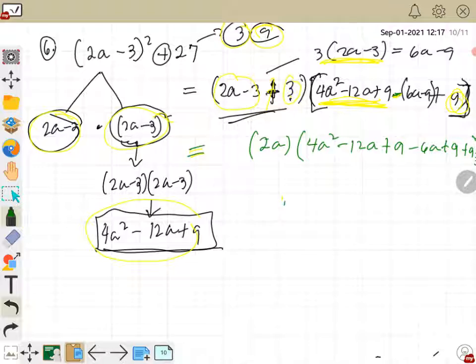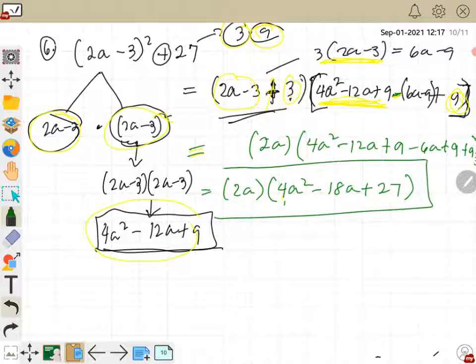So we have 2a times 4a square, negative 12 and negative 6a, these are negative 18a, then there are 3 9s, that's plus 27. This is now our complete and simplified factor.